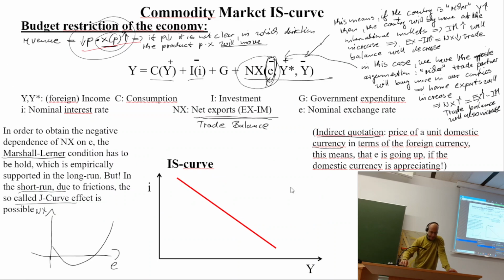Okay, and this part then we add for once also, of course, within the IS curve. And remember the national account system.